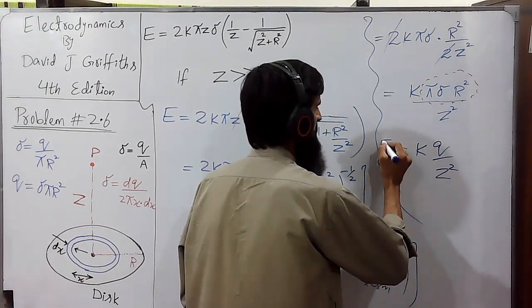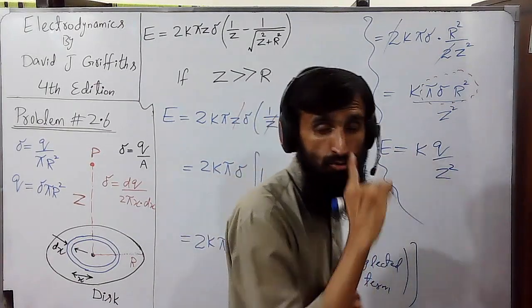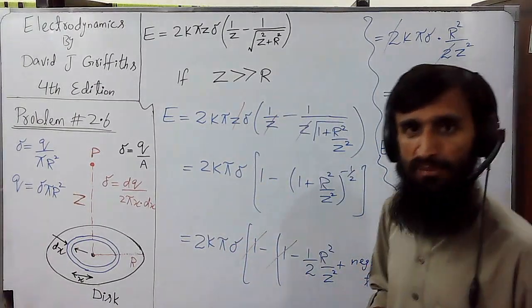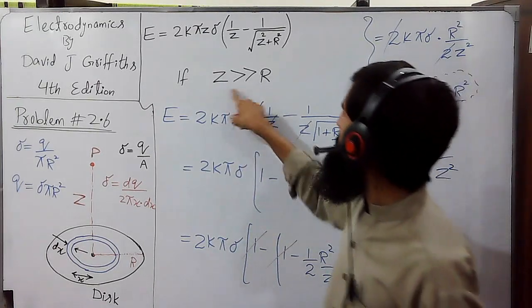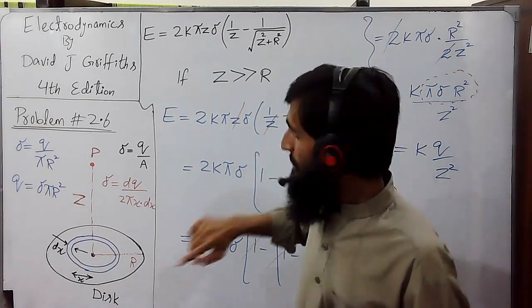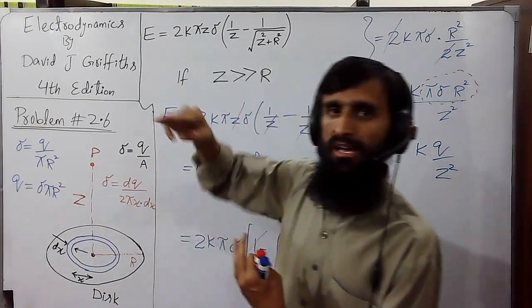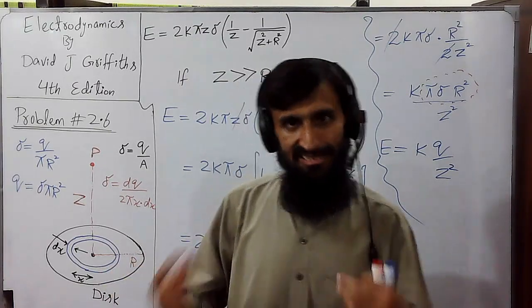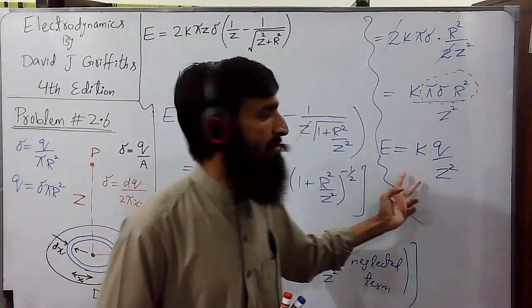So this is our final electric field due to that disk in this special case. What special case? When distance z becomes much larger than r. That means when our point P gets very far away from that disk, then in that special case the electric field comes out to be this.